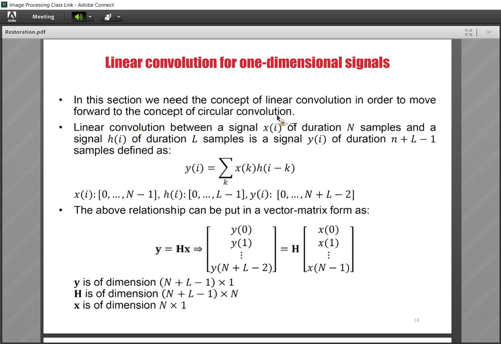In this section, we need the concept of linear convolution in order to move forward to the concept of circular convolution, which is very good for these items.